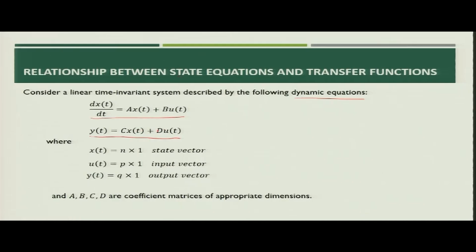Now, A, B, C, D are the coefficient matrices. A and B correlate the change in the states with respect to its previous state, and similarly C and D define the relationship of a state with the output variables.